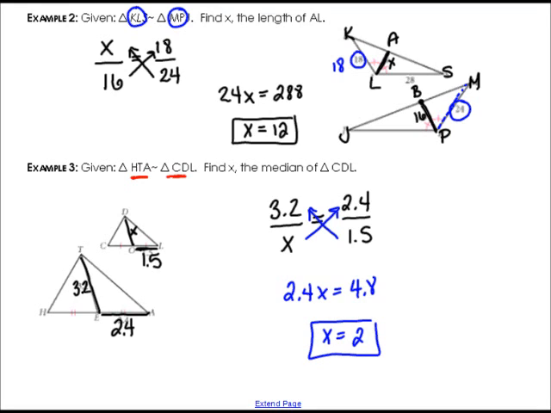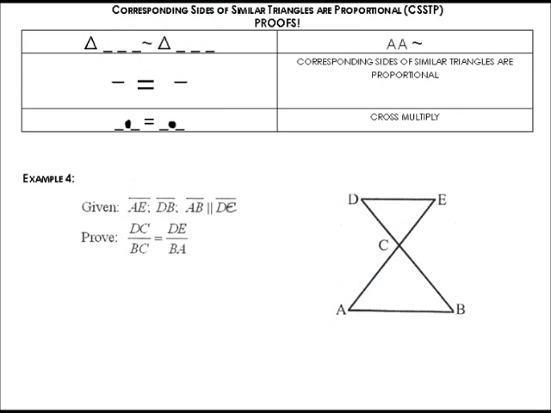All right, let's move on, and we're going to actually do some proofs with this. So going on to example number 4 on the next page, it says corresponding sides of similar triangles are proportional. We will eventually be able to abbreviate this as CSSTP, which again stands for the corresponding sides of similar triangles are proportional.